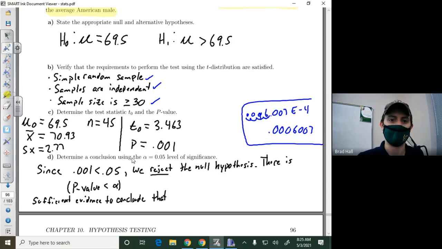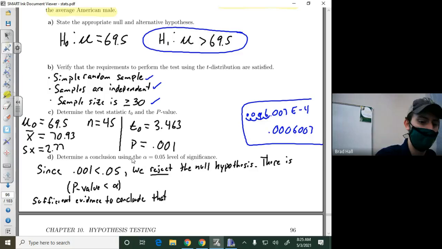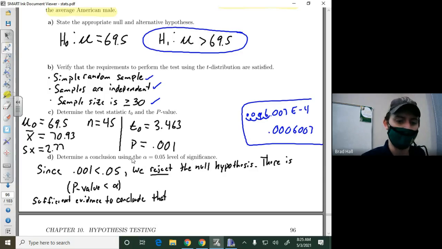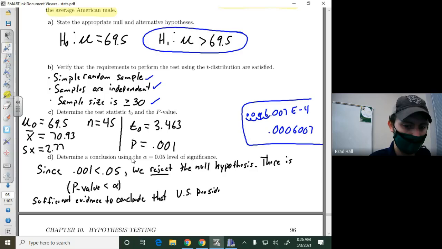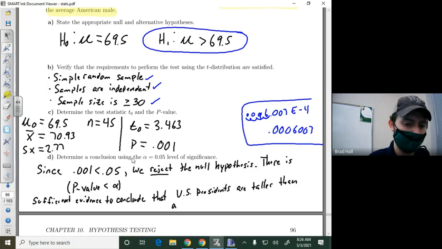So what does the alternative say? It says the mean is greater than 69.5. The sample mean that we had was pertaining to US presidents. So we have sufficient evidence to conclude that US presidents are taller than average American males.